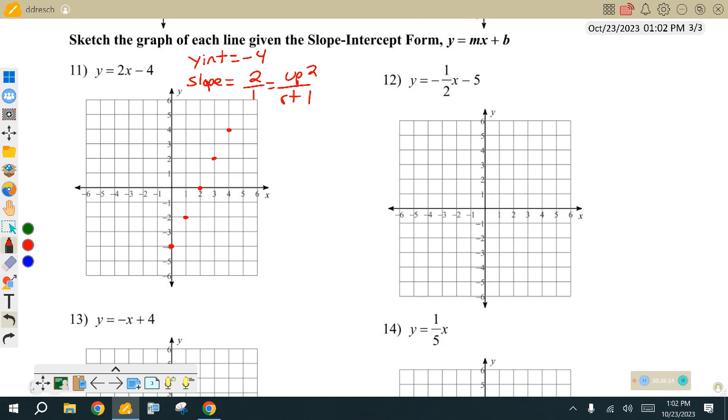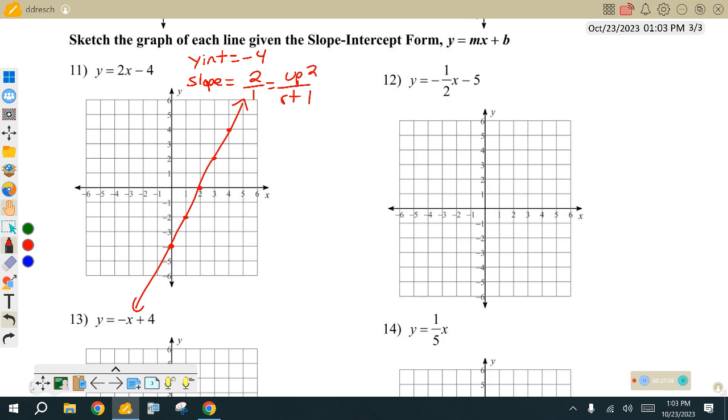I'm just not making a triangle. You can make the triangle if you want to, Andrew. That's helpful for you. Up 2, right 1. And then take your ruler, and all those points should be along your line. It should be an increasing line, increasing because the slope was positive.